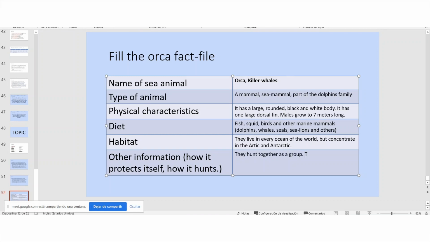And they use echolocation, bouncing sound, where they can locate each other. Okay, so they use echolocation, which is bouncing sound to locate their prey.